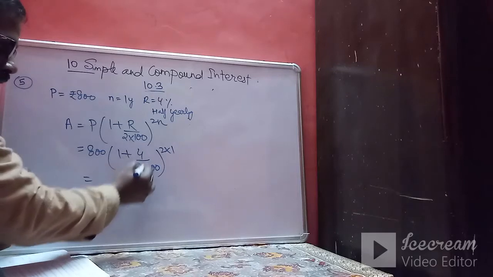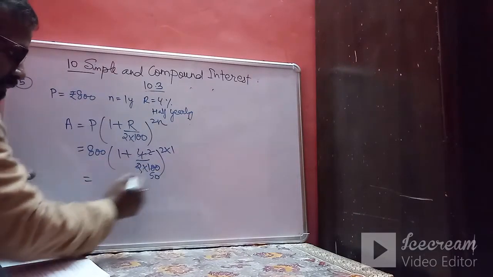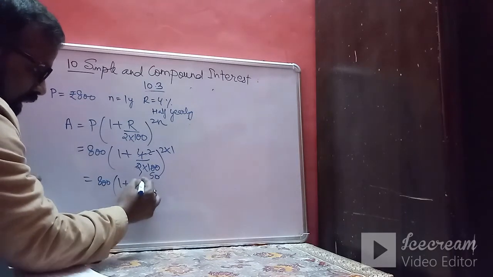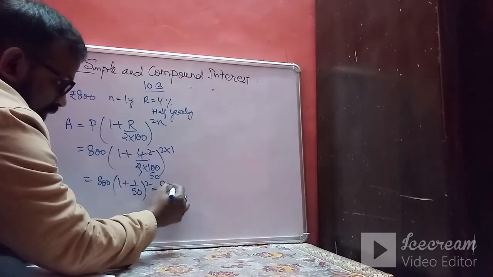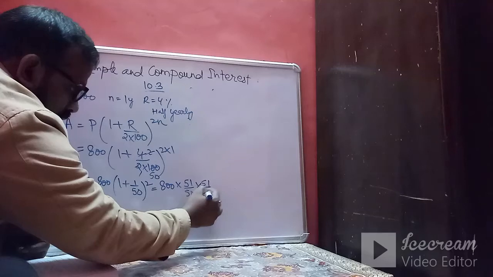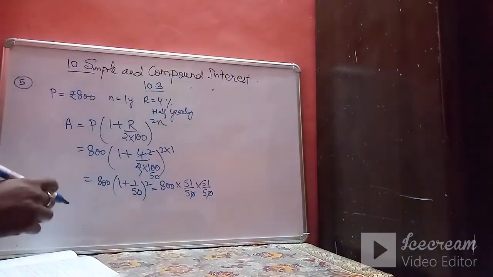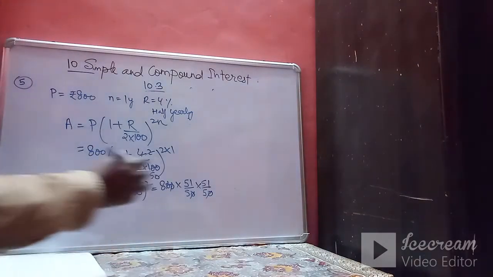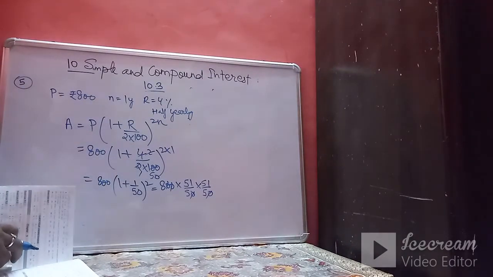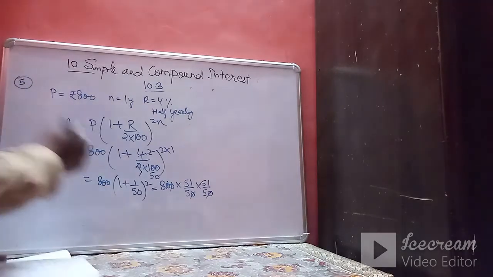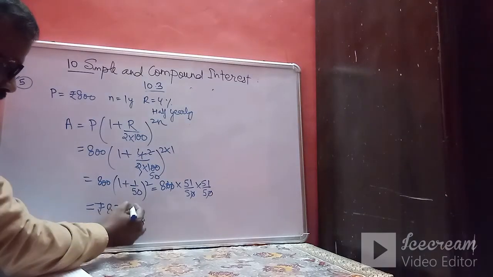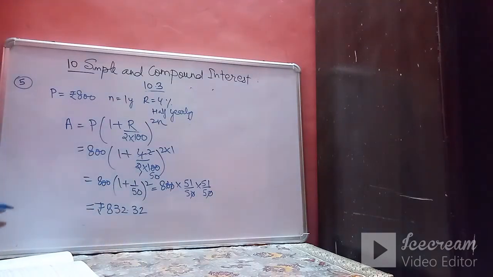So when we solve, it will be 800 into 1 plus 1 upon 50 to the power 2, and after taking the LCM it will be 51 upon 50 into 51 upon 50. Okay, so when we solve it, we will get the answer as rupees 832 and 32 paise.